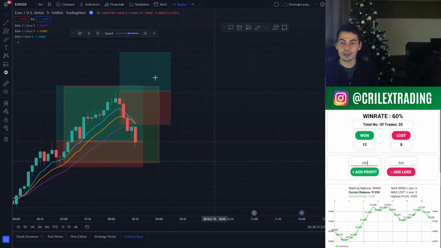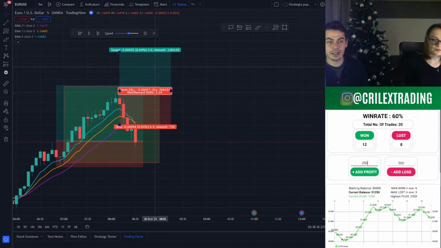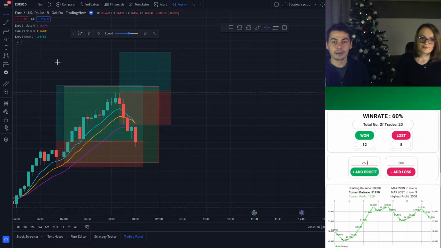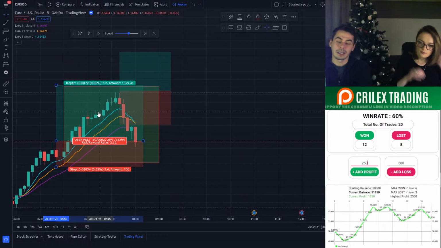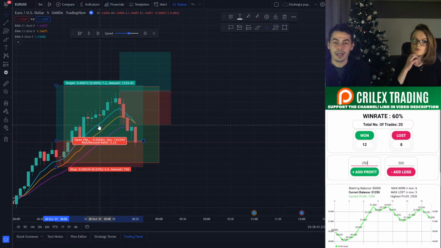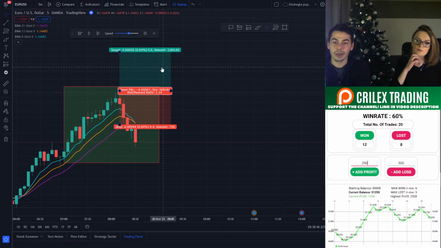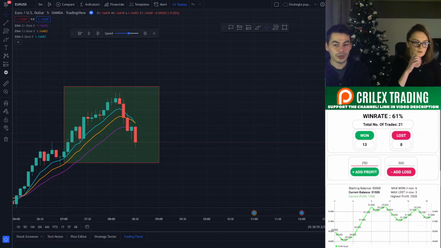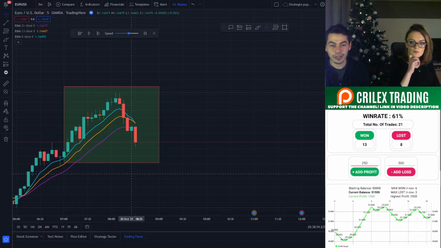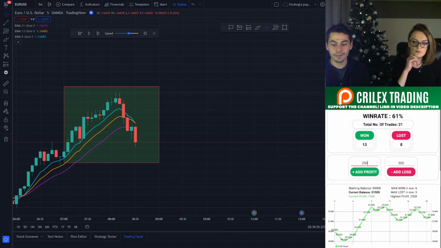Actually, the first position, the one that we opened afterwards, is invalidated, and the one that we had opened that reached 1-to-1 actually got closed at break even, so we will add a break even, and that's it. I will just mark this in the Excel spreadsheet as well. So it's a break even on the 20th of October.